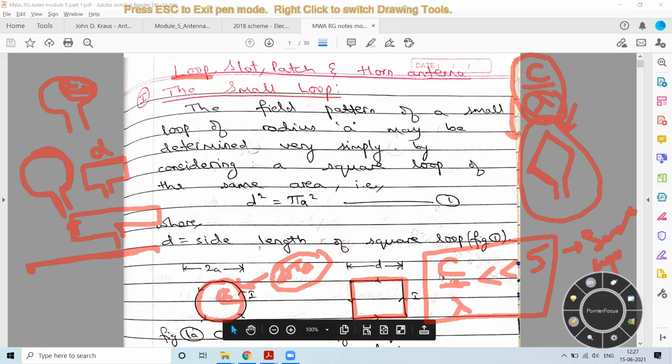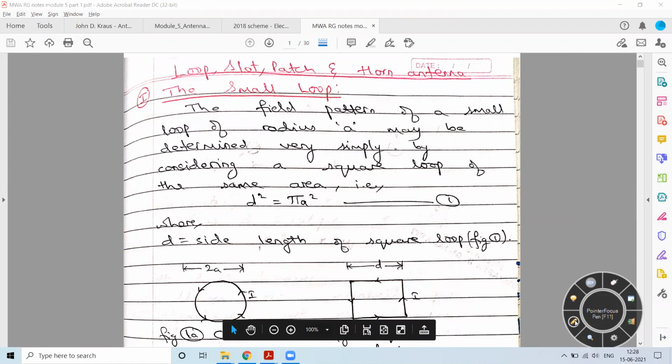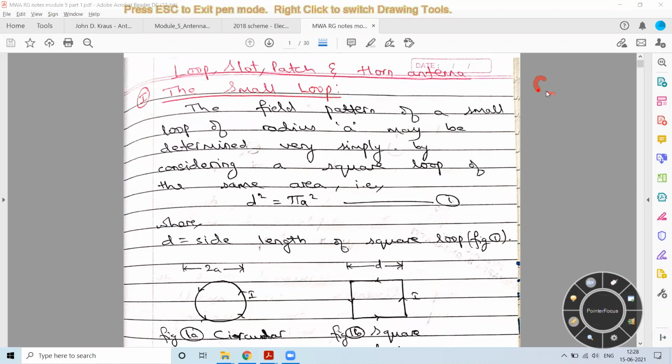Or else, if this condition is not satisfied, that is C by lambda is greater than or equal to pi, then the loop is termed a large loop. So this is the condition based on which we do the classification. Again, I just repeat it: if C by lambda is much lesser than pi, this will be a small loop antenna case, and if C by lambda is greater than or equal to pi, then this is the large loop condition.